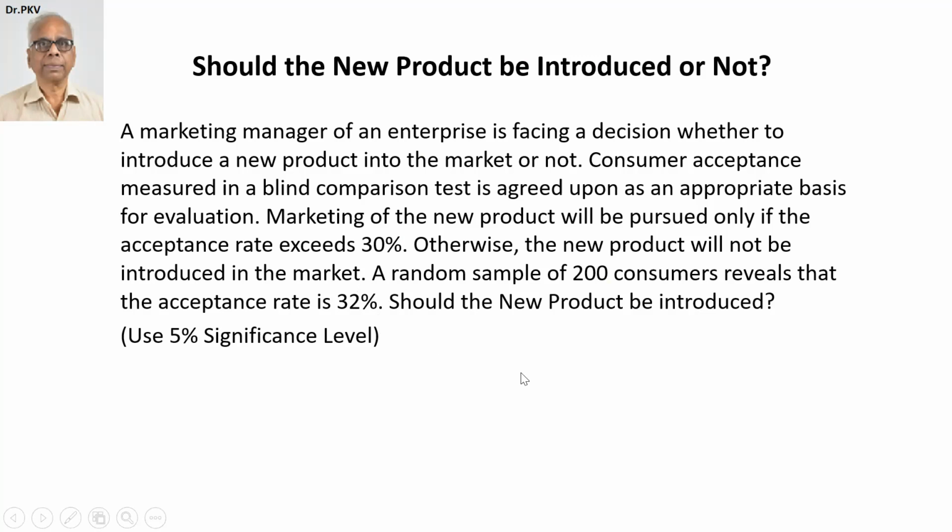So at the tip of the iceberg, you are tempted to conclude perhaps the new product be introduced because 32% is greater than 30%, and 30% is the threshold value that is set for the introduction of the new product. So let's do the procedure in a step-by-step manner.